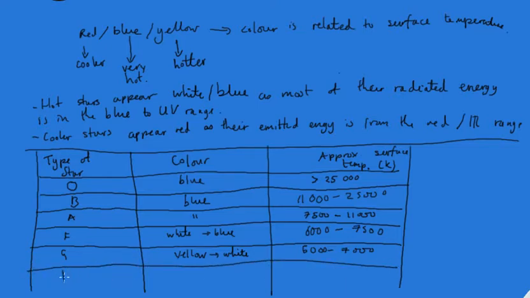Then we have a K star, which is red to orange, and they're about 3,500 to 5,000. And then finally, the coolest star is an M star, and that's red, and that's less than 3,500 Kelvin.